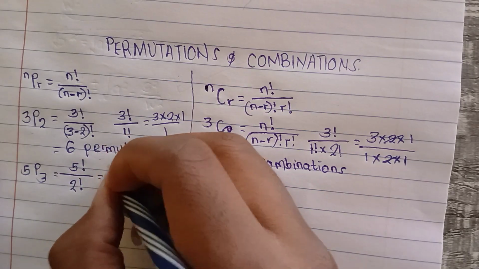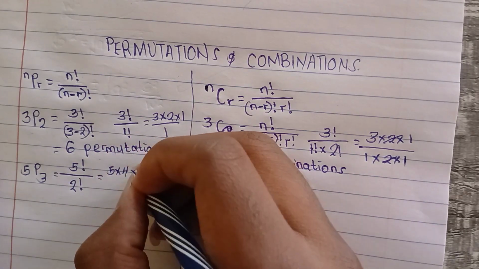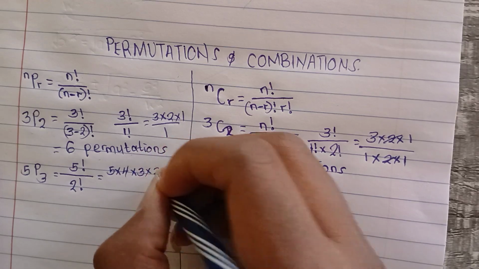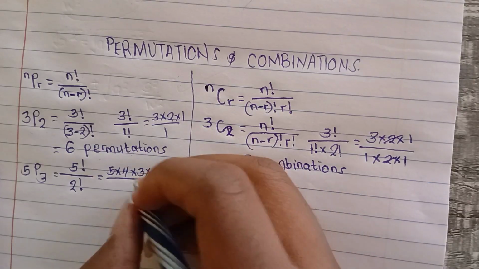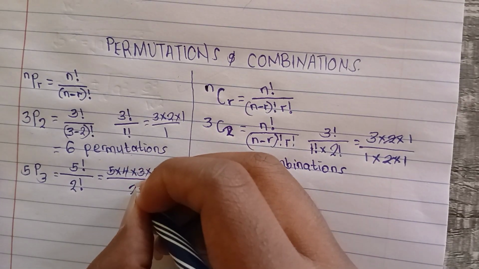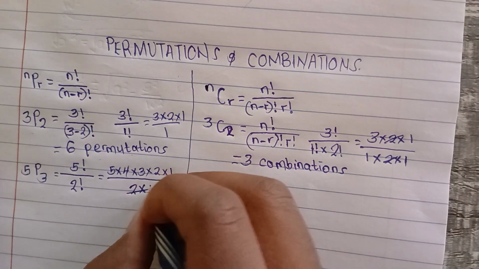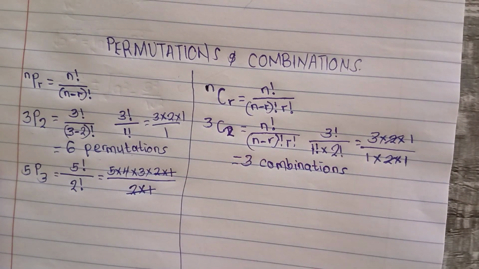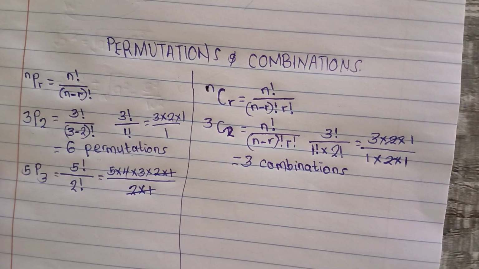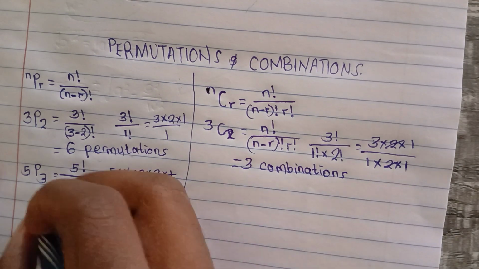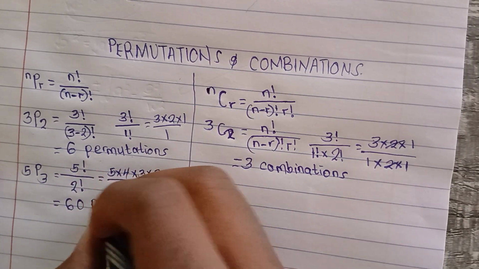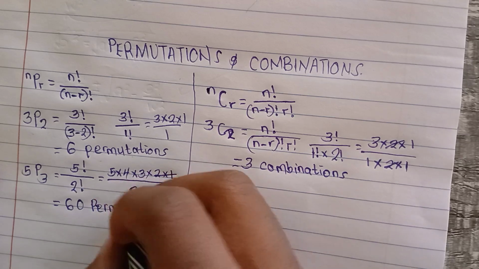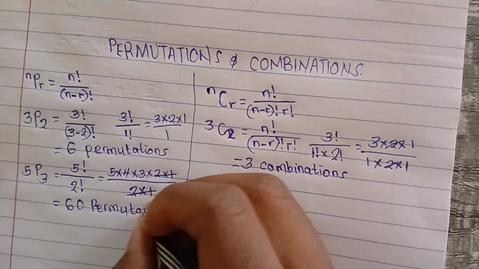This is 5 times 4 times 3 times 2 times 1 over 2 factorial. 2 factorial is 2 times 1, so this will cancel with this. So you're left with 5 times 4 times 3, and then you get your answer as 60. So there are 60 permutations.